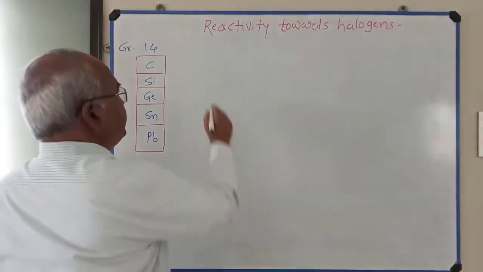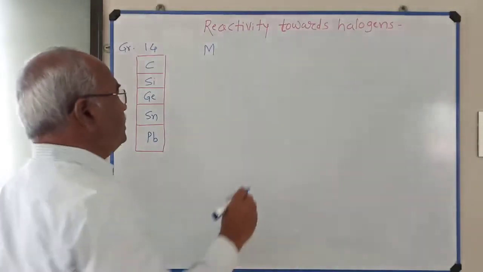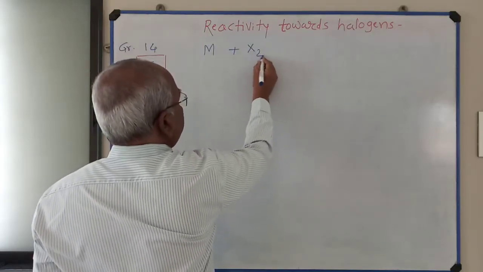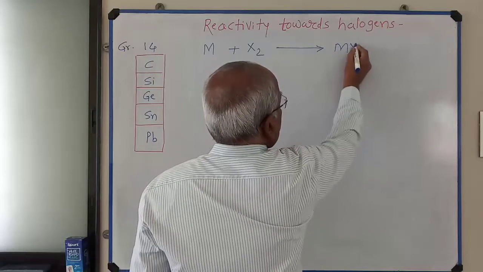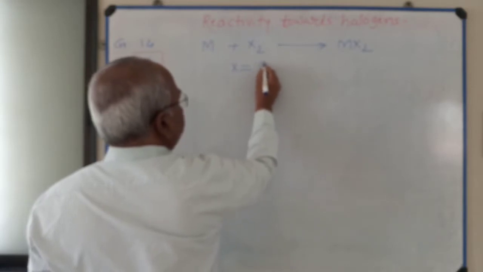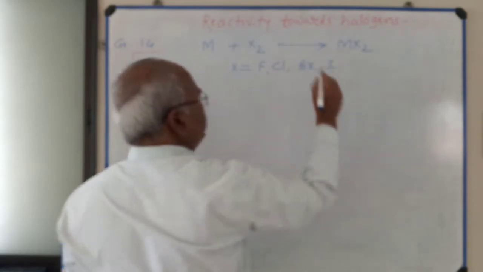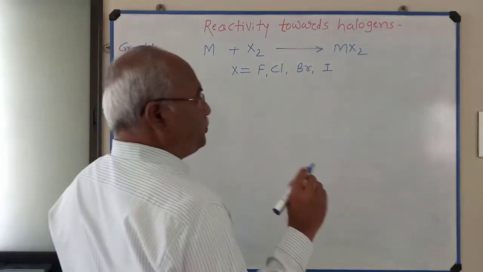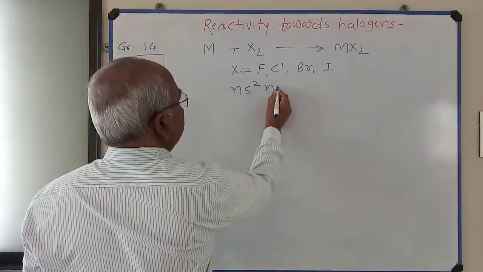Suppose I represent these elements by symbol M. These elements combine with halogens and form dihalide MX2, where X is equal to fluorine, chlorine, bromine, iodine, etc. So, the electronic configuration of these elements is ns2 np2.